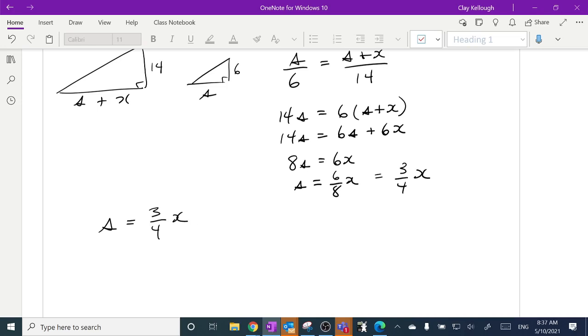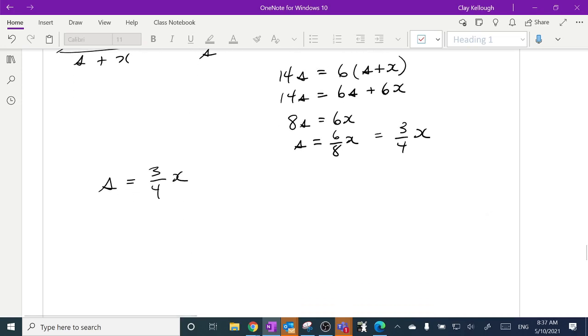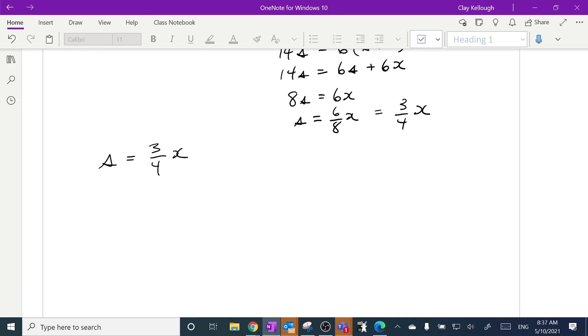We know a point where we're solving for x. We're solving for x when it's 10. So let's just do the derivative of both sides of this equation. Derivative of s with respect to t is equal to 3/4 times the derivative of x with respect to t.